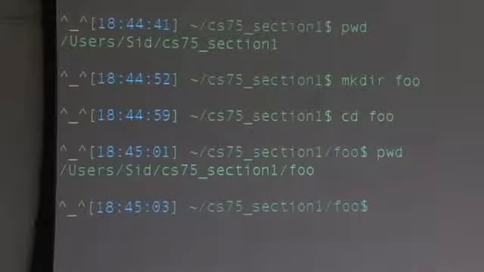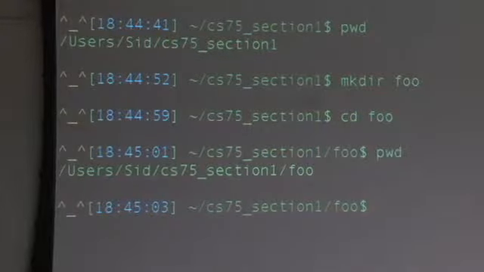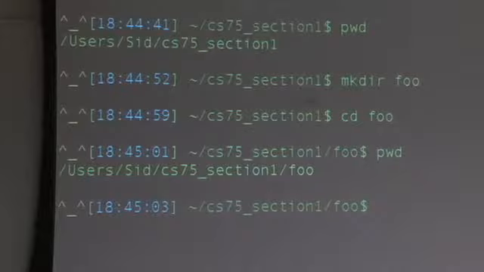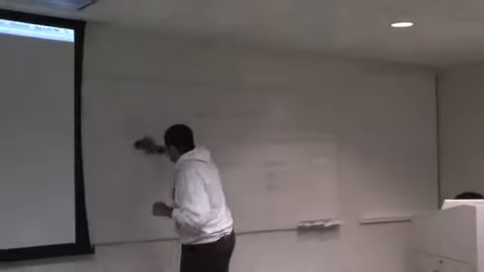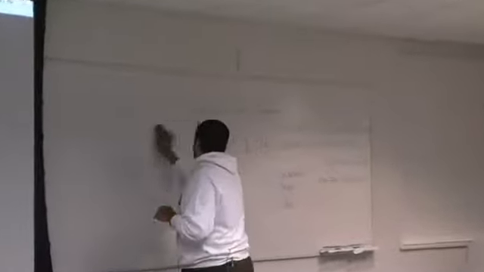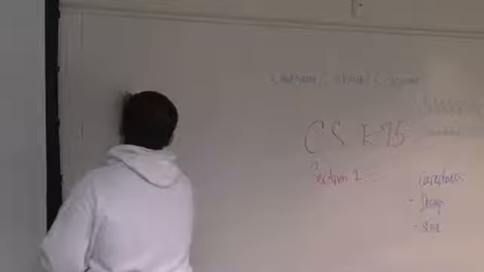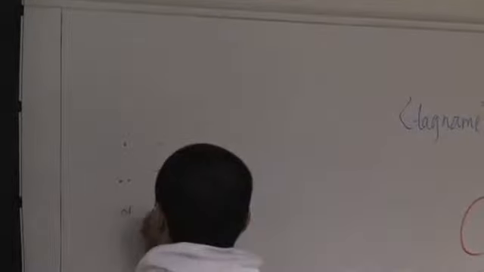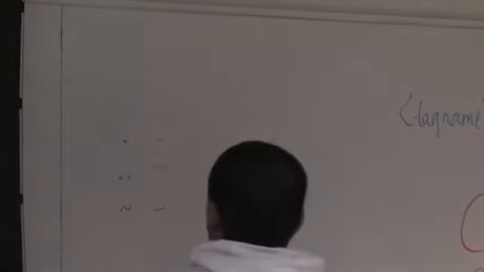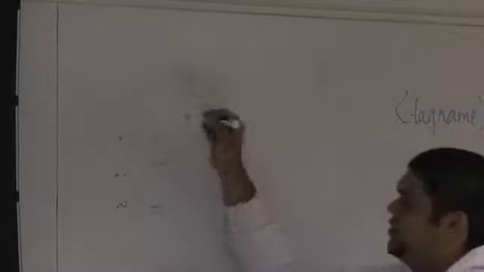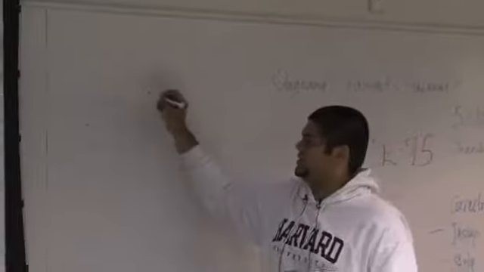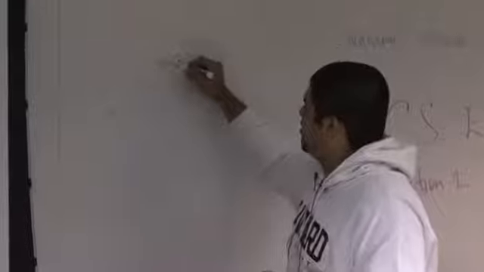So there are four sort of arguments. Let's do three actually. So dot always stands for the current directory.